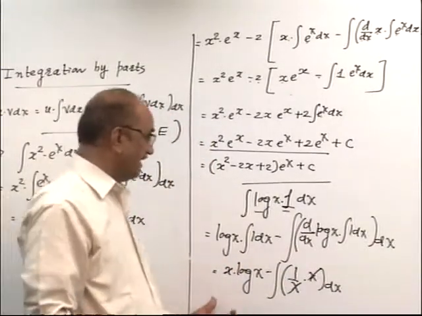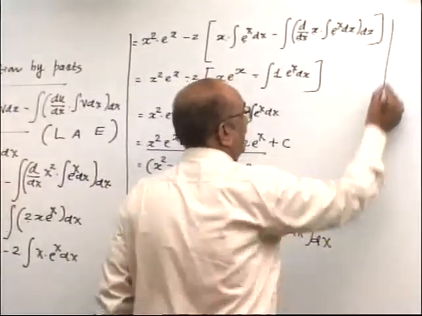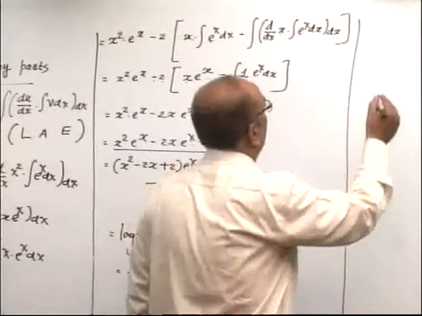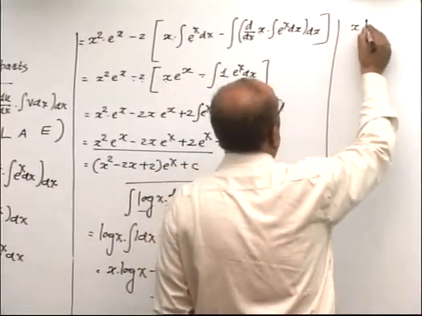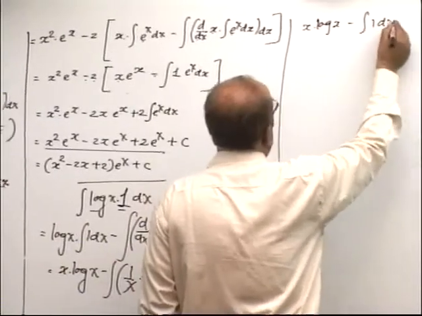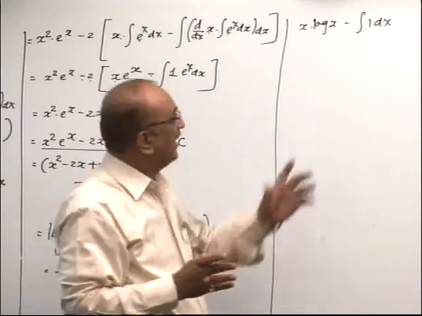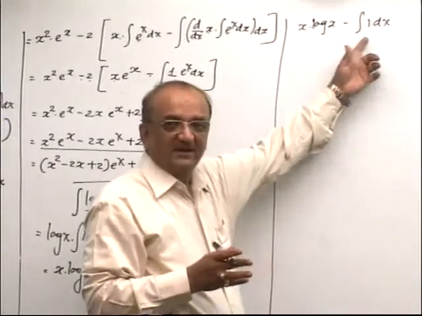Now we have the next step of the integration: x into log x minus integral 1 dx. This is the final simplification of the second step. Again you know the integration of 1 is x.